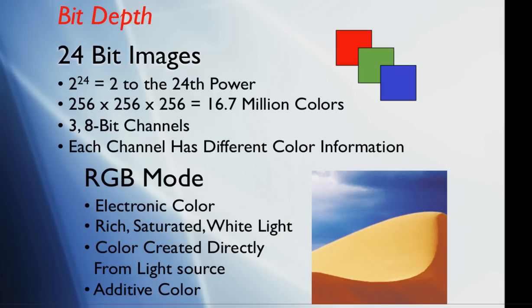And when we convert to CMYK, what happens, and if you watch the Photoshop video on color modes, I actually show you a very clear example. The same color, when converted to CMYK, gets darker and much more dull.